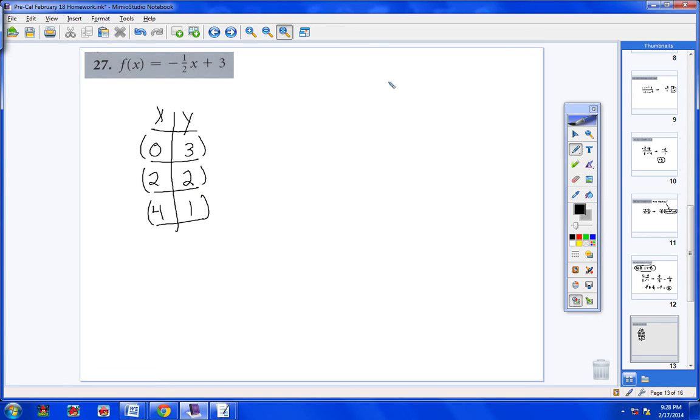So I'm not going to try to be super neat. I'm going to draw a very quick coordinate plane. My first ordered pair is (0, 3), and that would be right here. My second ordered pair is (2, 2), that would be right here.